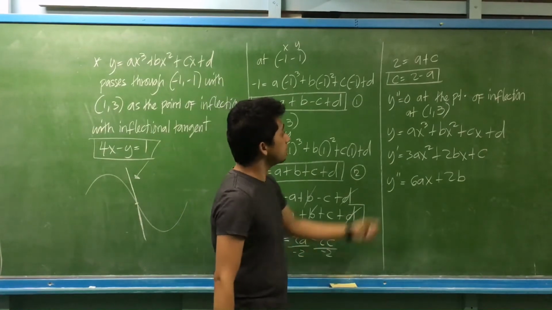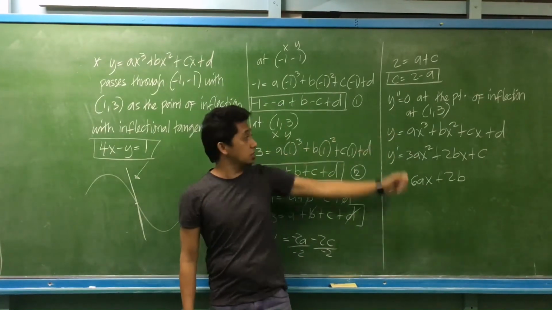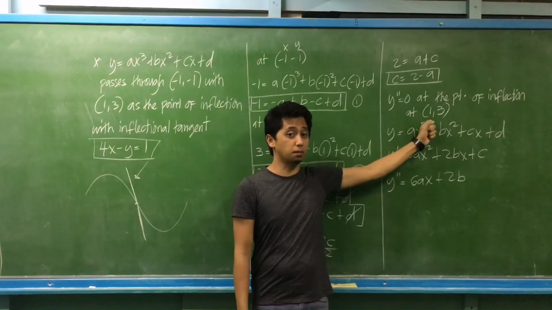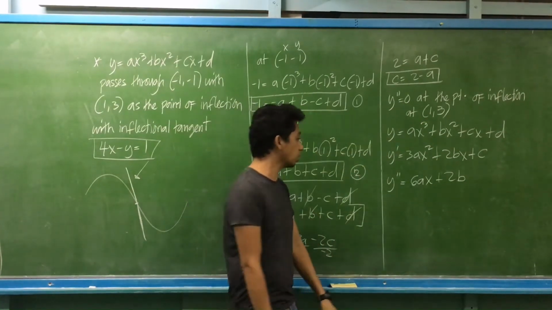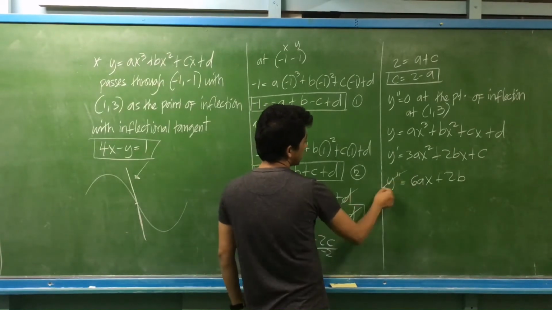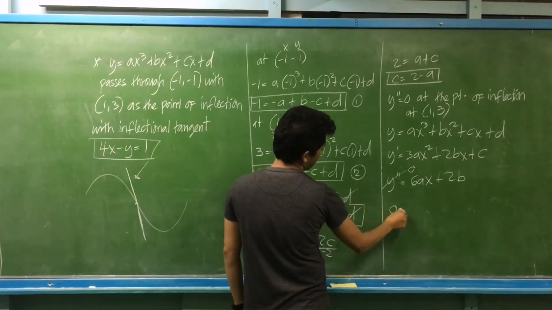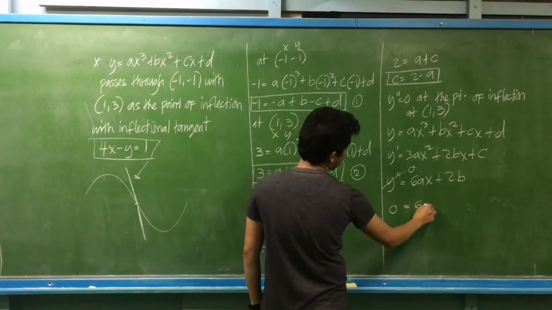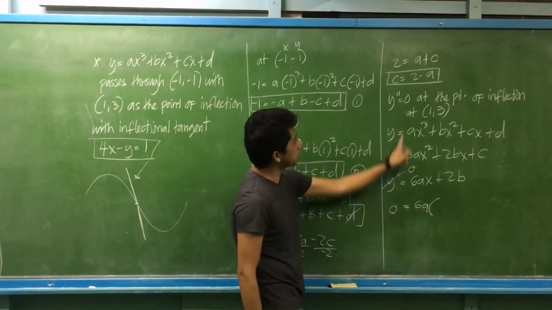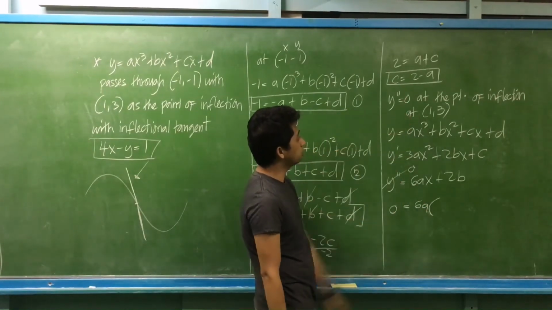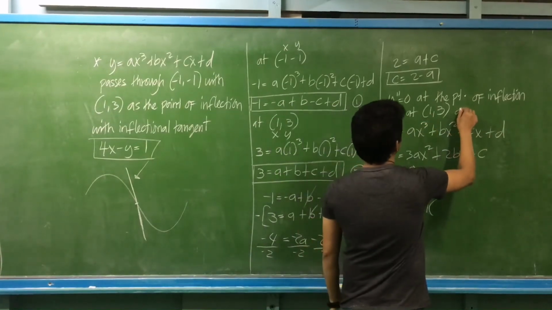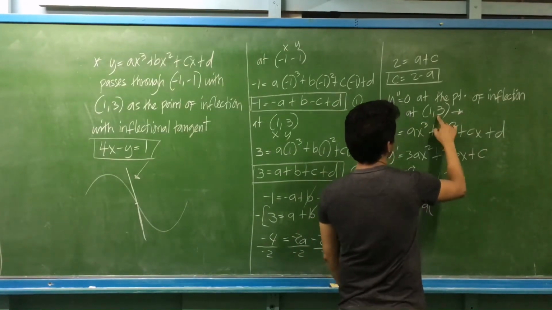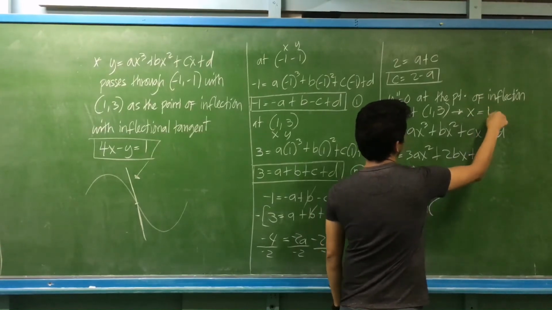So sabi natin, point of inflection is at point 1, 3, and the value of the double prime at that point will be 0. So anong gagawin lang natin dito? Set this one to 0. So this is 0, 6a. What is the value of x at the point of inflection? Ano yung value ng x dyan? That is 1. Considering 1, 3, the value of x equal to 1.